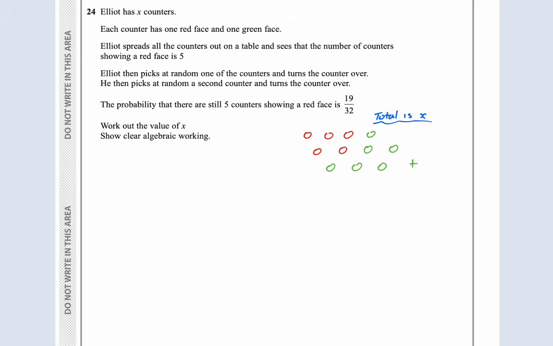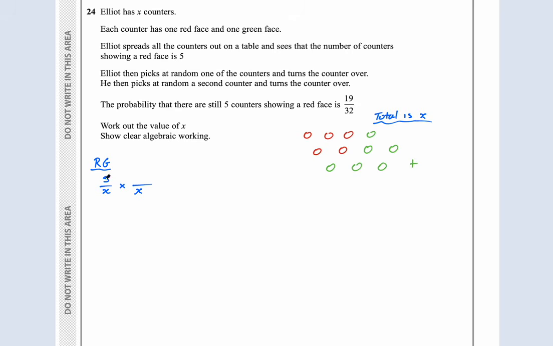Well, let's look at the probability of red. Let's do red, green. So red, green, the probability he turns over a red is 5 out of X. And then the probability he turns over a green, this is multiplied by, is whatever's left out of X. But this is where it gets tricky, guys.